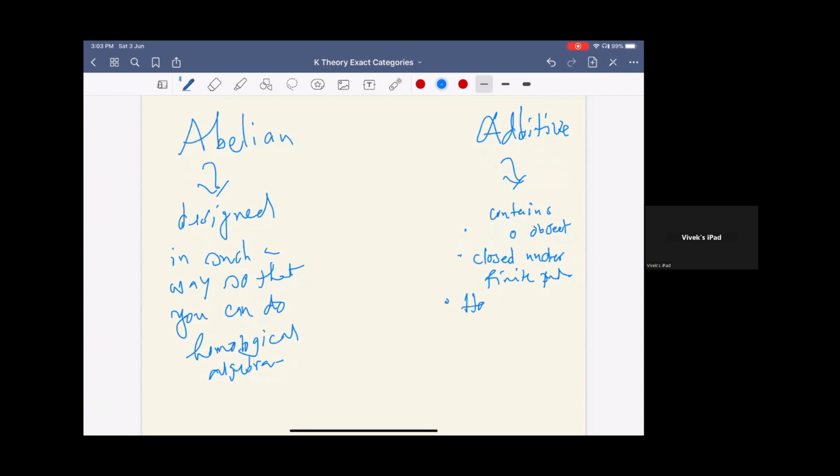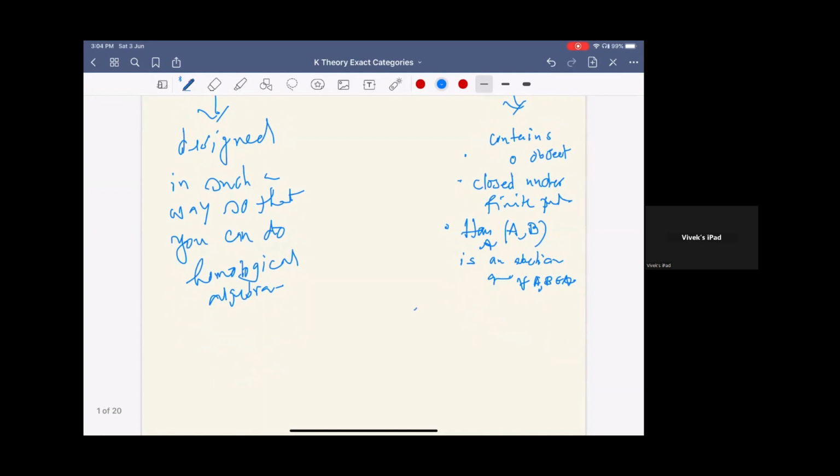Another important condition is that the Hom set is an abelian group, for all A, B. And the last one is that the composition is bilinear, from A to B. So this is bilinear. This is the definition of additive category.